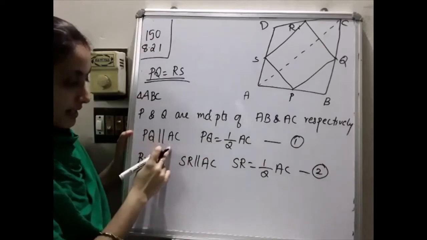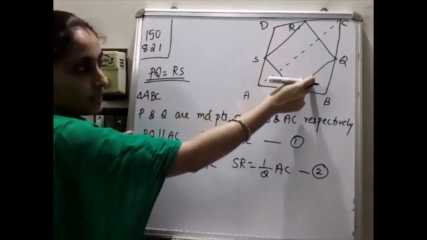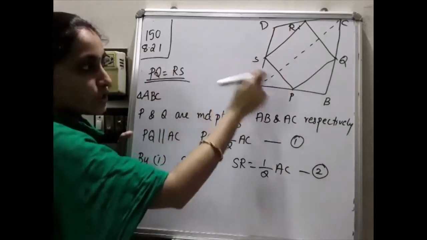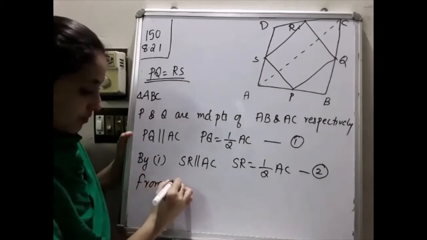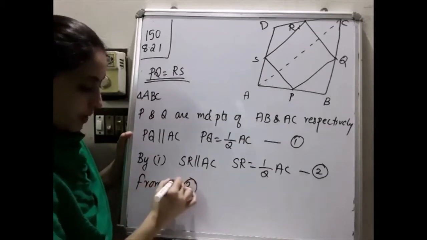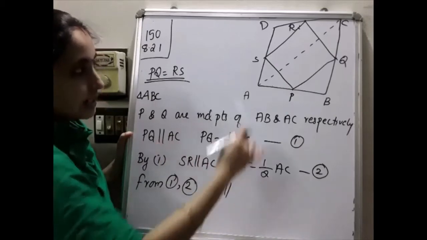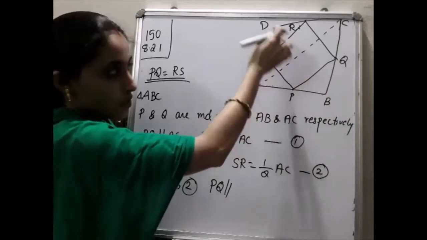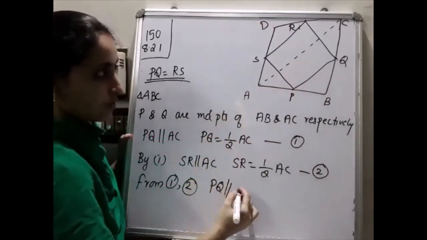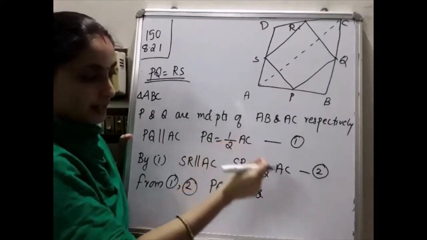PQ is parallel to AC and SR is parallel to AC. That means this line is parallel to this line, which is parallel to this line. So from 1 and 2 we can say PQ is parallel to SR. And here, half AC, here also half AC.